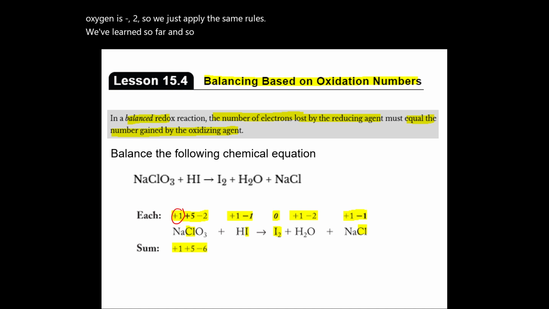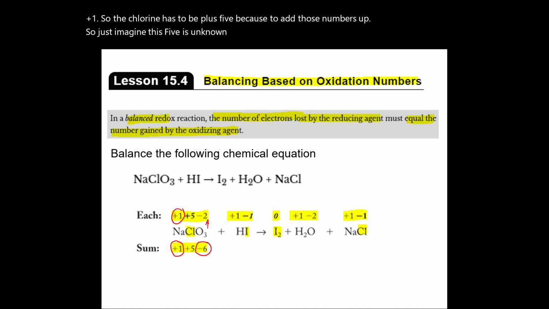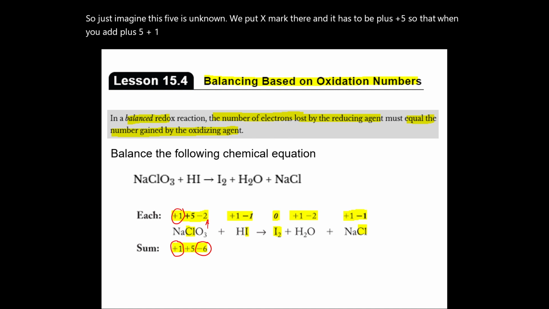Because it is neutral, oxygen will be -6, right? This is +1. So the chlorine has to be +5. Just imagine this is unknown. We put an X mark there, and it has to be +5, so that when you add +5 and +1, that's +6, and -6, that's 0, neutral.